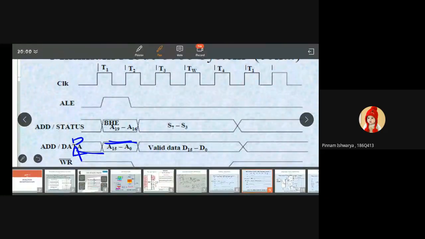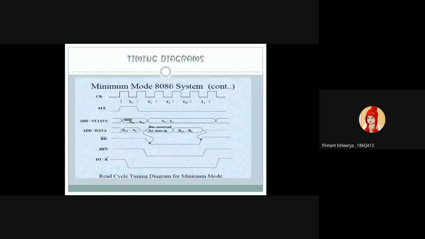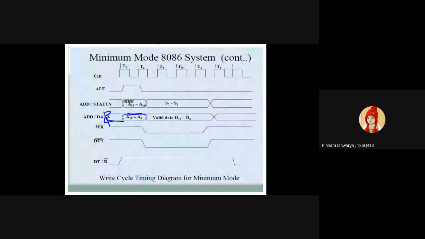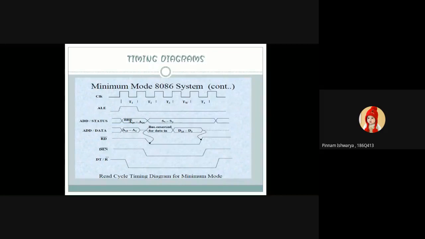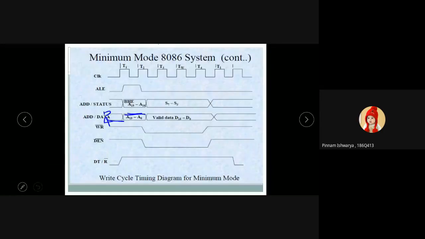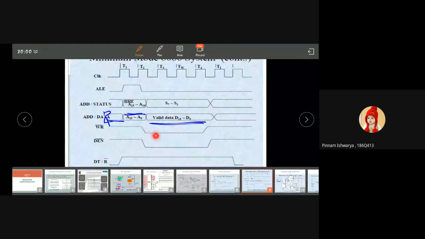For the rest of the time the data signal is activated. So there will be valid data over the memory unit. The microprocessor will work on this valid data and provide a write operation.